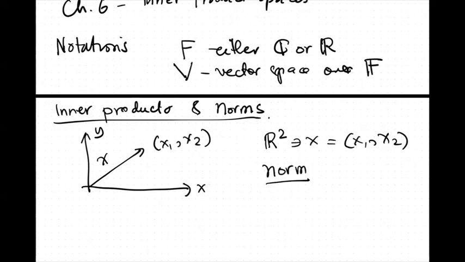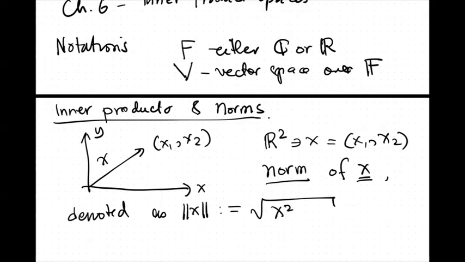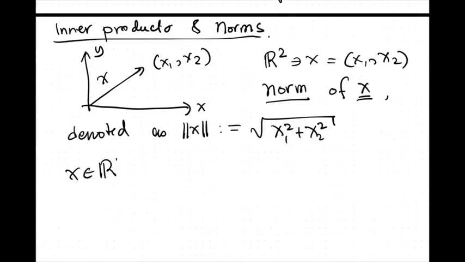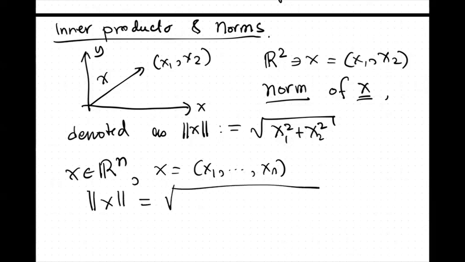In this case, we call this the norm of x, denoted with 2 bars. It is defined as the square root of x1 squared plus the second component squared. In case it's R3, you just extend this to x3 squared. Generalizing for x in Rn, the norm of x is the square root of x1 squared plus up to xn squared.